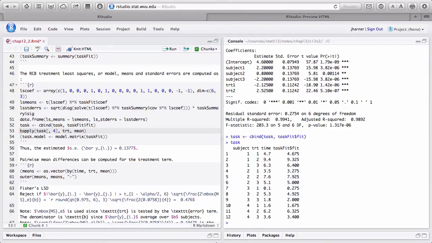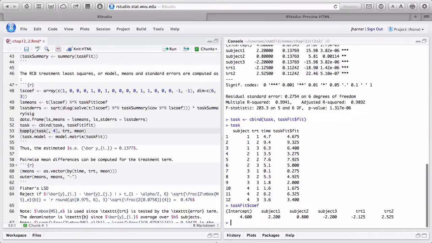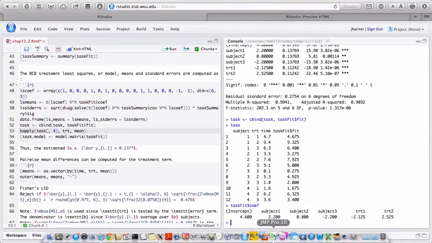Remember that if I have the fit object, subject 1 is beta hat 1. Subject 2 is beta hat 2, beta hat 3, and then that's alpha hat 1, alpha hat 2. And then that intercept is mu hat.